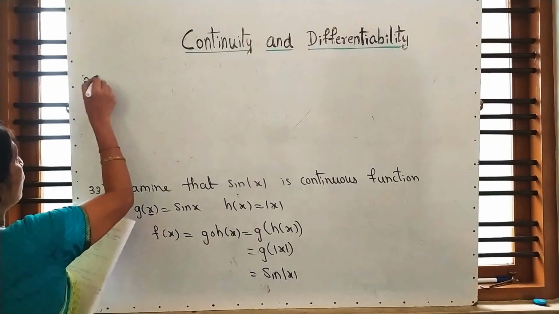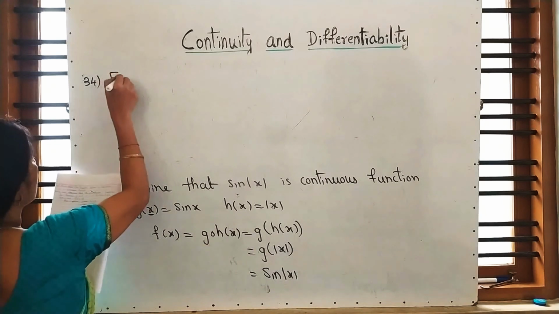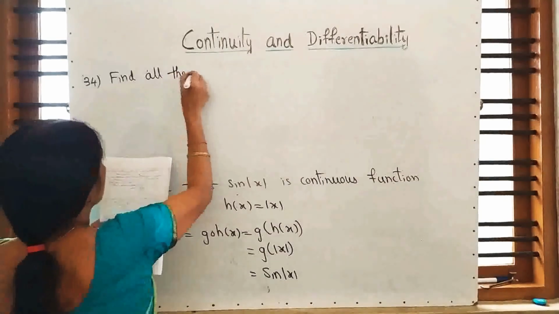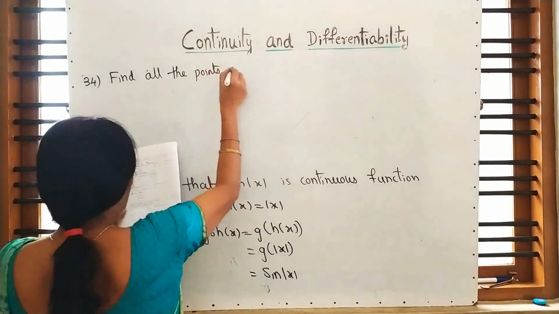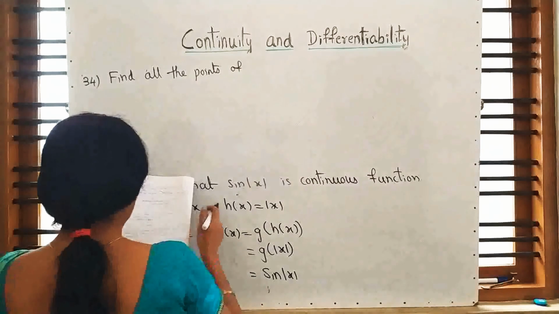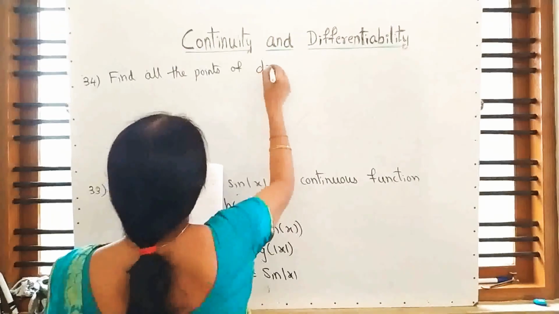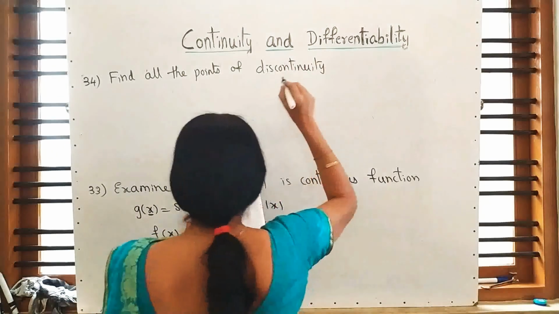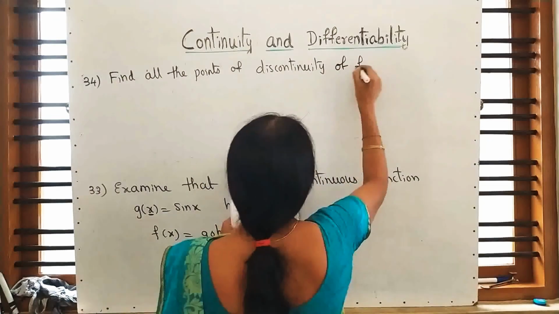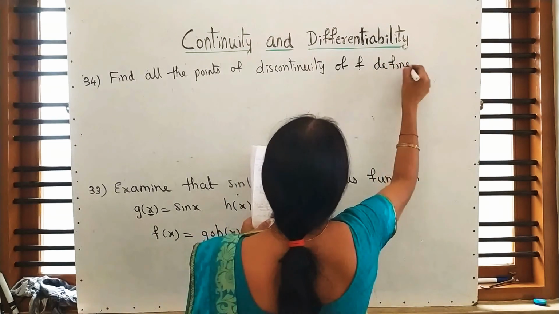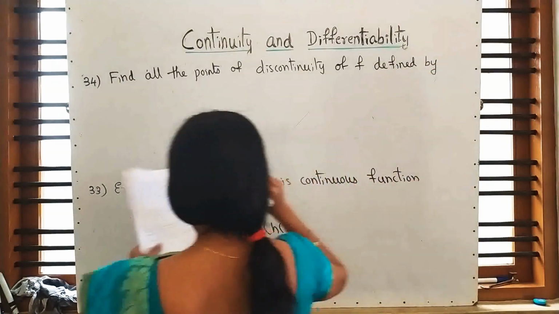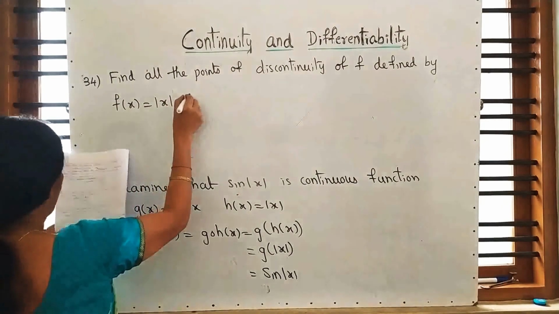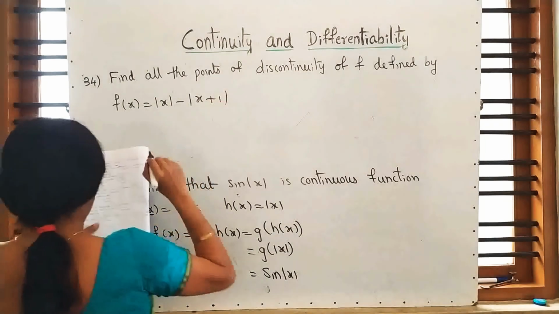Question number 34. Find all the points of discontinuity of f defined by f of x is equal to mod x minus mod of x plus 1.